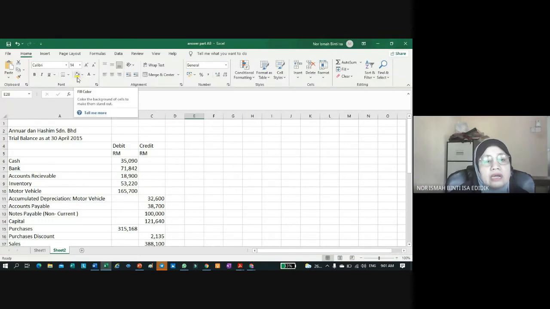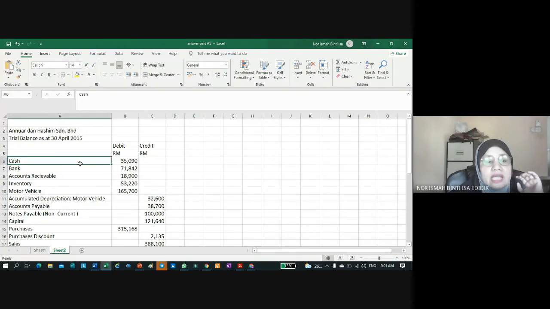The yellow color will go to the financial position. So this is an asset. Identify first, then prepare. This is also an asset. Account receivable is an asset. Inventory is also an asset.